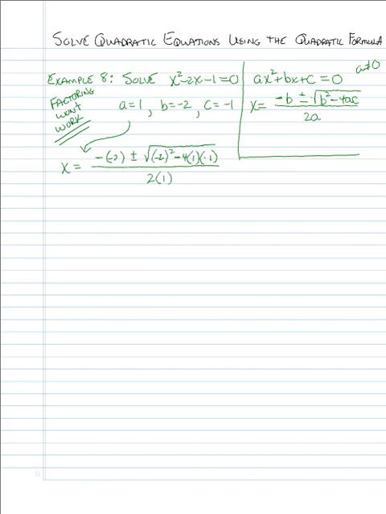And of course, the next thing we do is we go back and we start simplifying that a little at a time. The opposite of -2 that we have at the very beginning is just +2, isn't it? And then we have plus or minus a square root. Now, when we square -2, we get +4. And then we look at this part of what we have, and we think -4 times +1 times -1.